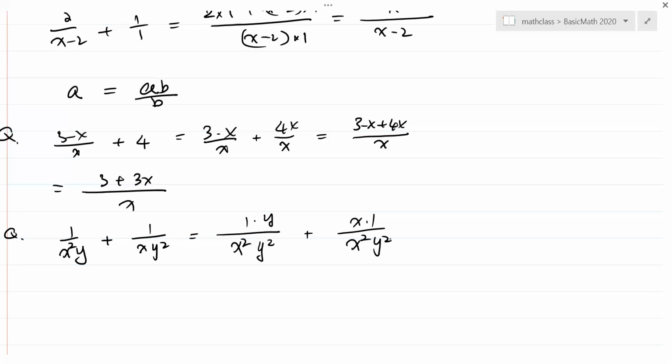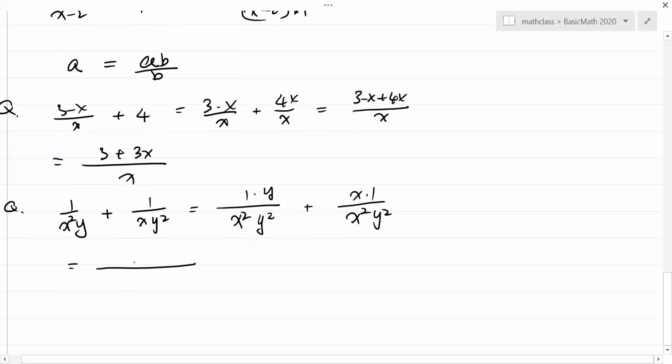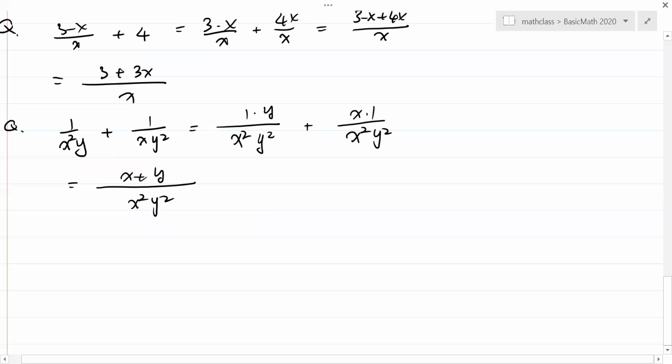Then I have a common denominator. So the numerator is just y plus x, but we always express x first and y second. That's the tradition. So x plus y over x squared y squared. So this is how we do it.